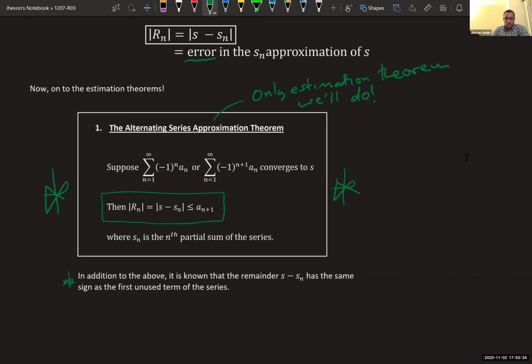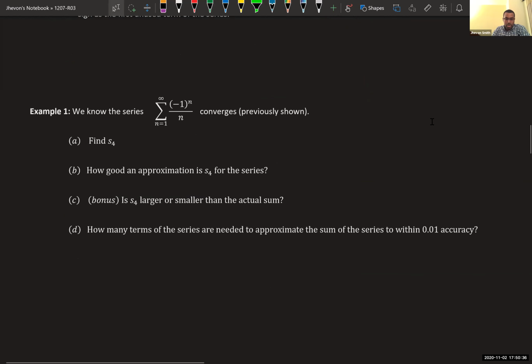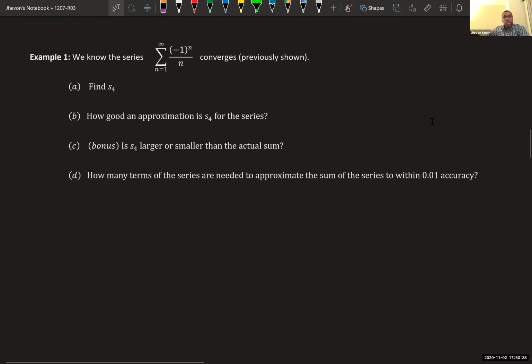Let's actually do a simple example of applying this. We know that this series converges. This is the alternating harmonic series. We showed that this converged last time, or maybe the time before last, I don't remember.